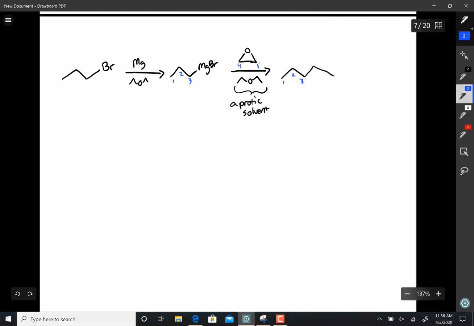So we create a new bond between carbons 3 and 4. Carbon 5 gets the L minus, because essentially what's happening is these electrons are going to this carbon, and that's kicking the electrons up onto that oxygen.